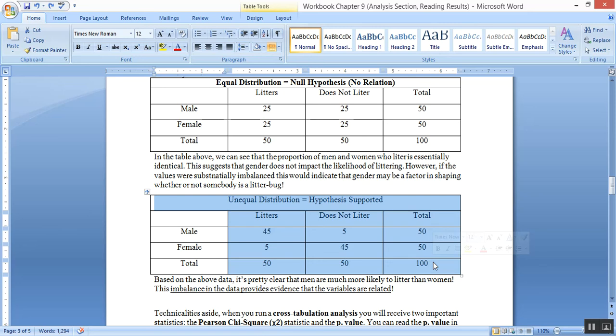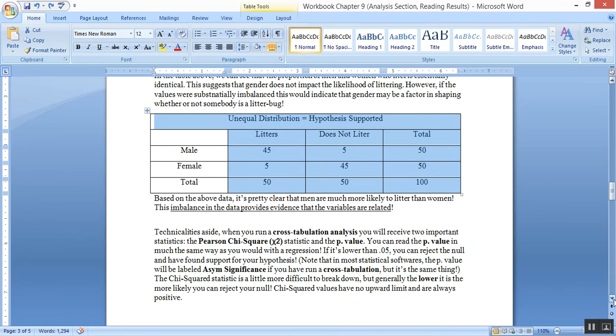There's no upward limit, but it will never be negative because distance is not negative. I cannot be -1 mile away from you. That doesn't really make any sense. So your chi-squared value, generally speaking, is something that you're going to want to be positive. And if you somehow come to a negative chi-squared value, you've done something wrong. That doesn't make any sense.